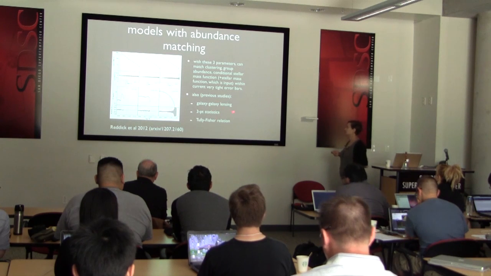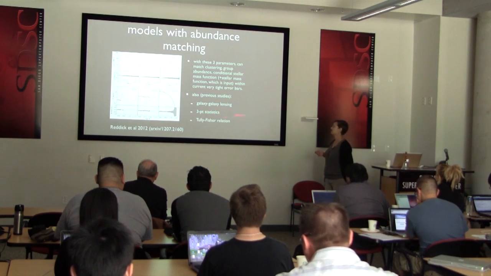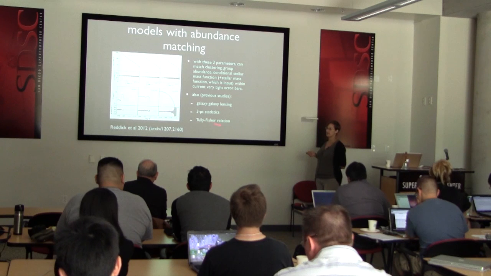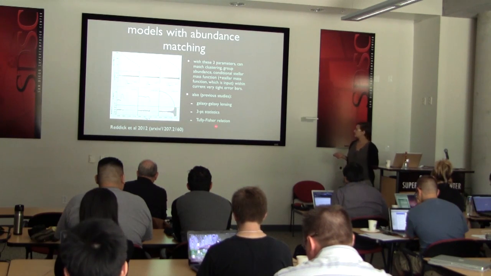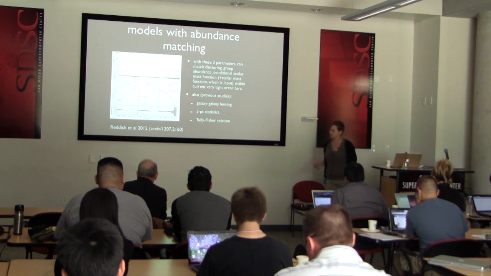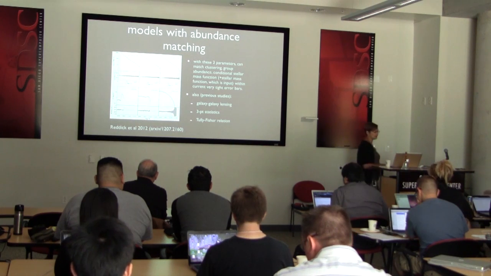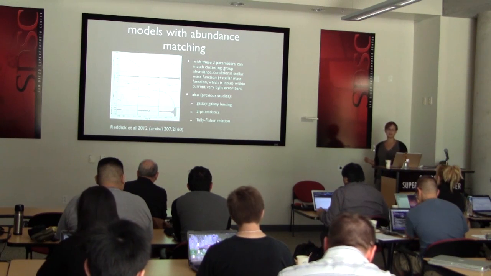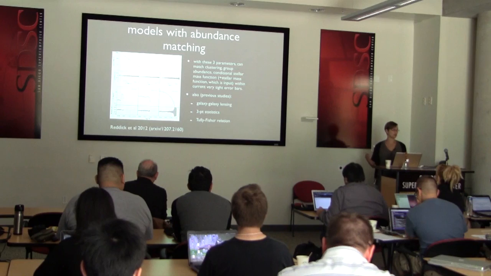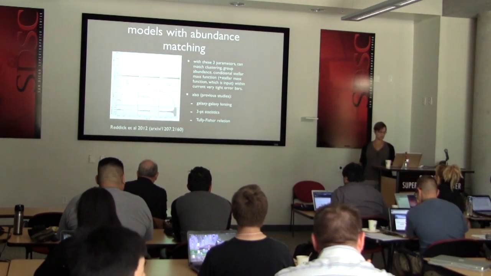We looked at that several years ago. 3-point statistics. Joel mentioned that in the Trujillo-Gomez paper, using the same simulation, they also looked at the Tully-Fisher relation. So a lot of very, very useful cross-checks, and I think that this is telling us that we're getting very close to actually being able to do this, at least in this simple case.